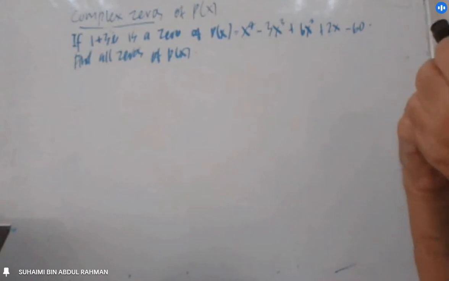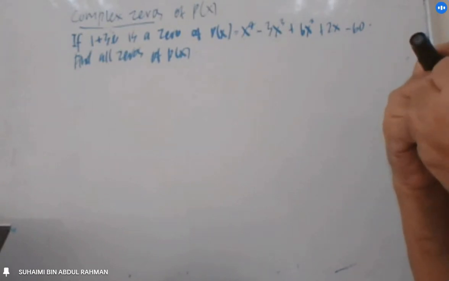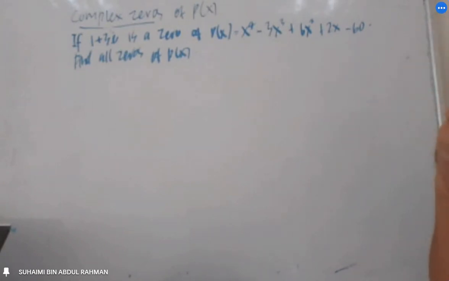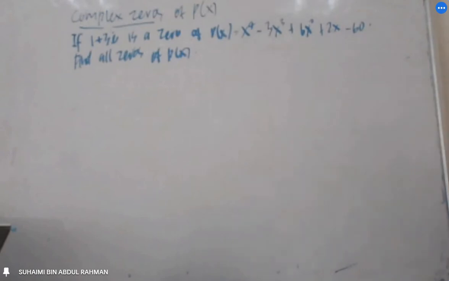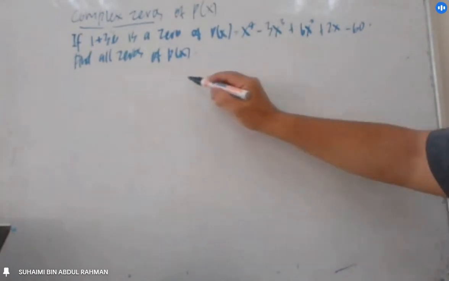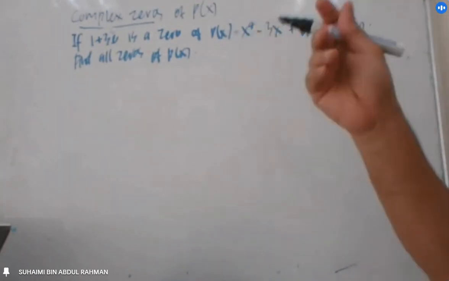What does it mean by that? If 1 plus 3i is a zero, so we have 4 zeros for this polynomial. But how many zeros do we already know?